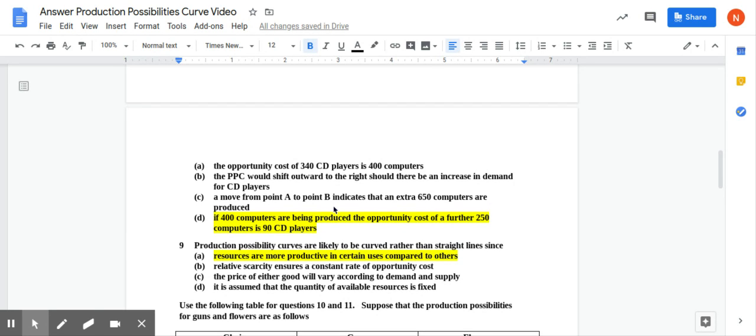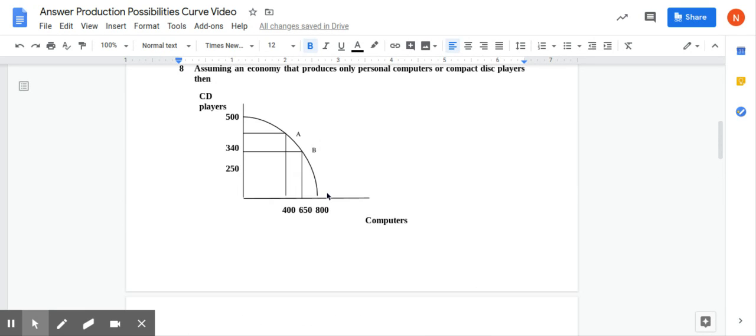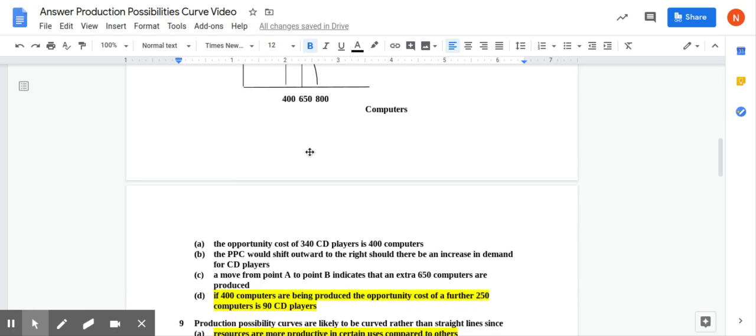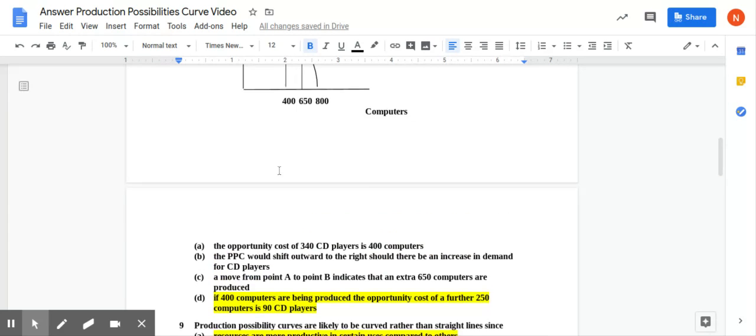A move from point A to B indicates that an extra 650 computers are produced. So A to B, 650 computers? No, because we're going from 400 to 650. So that's only 250. If 400 computers are being produced, the opportunity cost of a further 250 computers is 90 CD players.